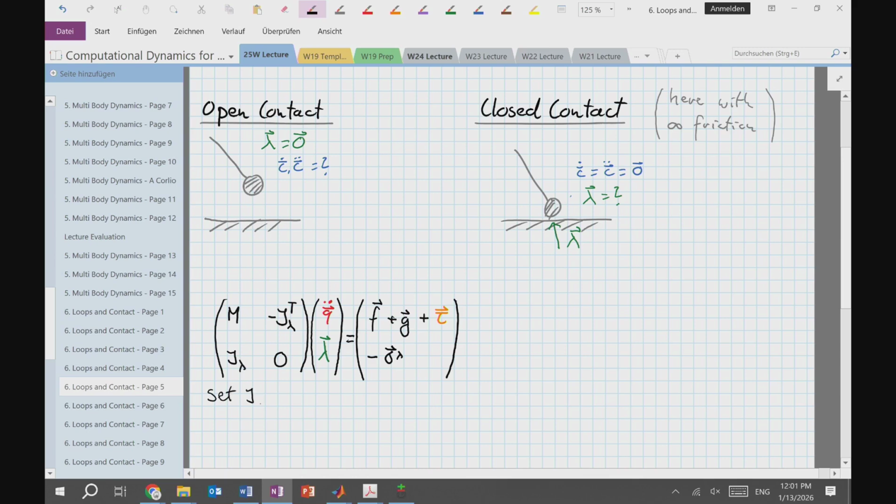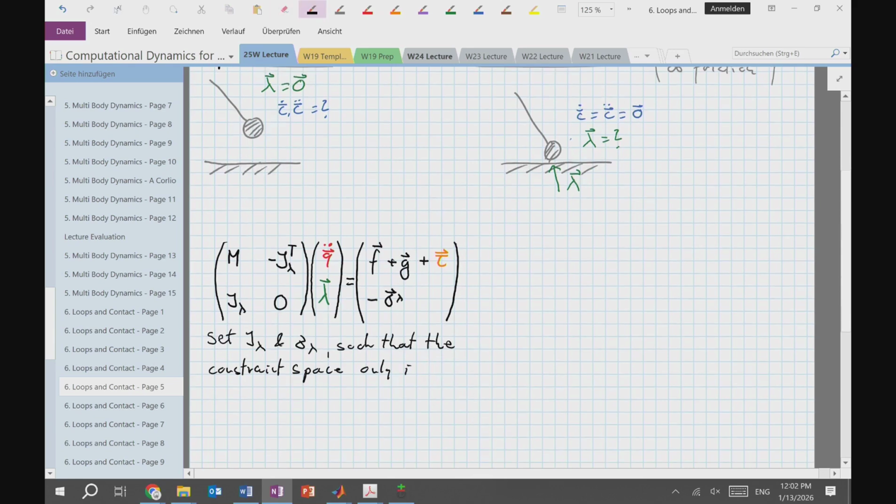So we set our constraint Jacobians, J lambda and sigma lambda, such that my constraint space only includes the active constraints.